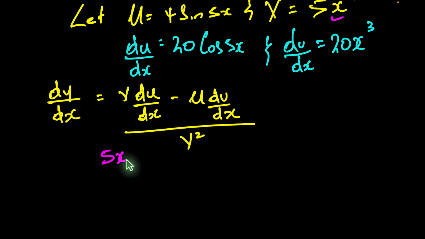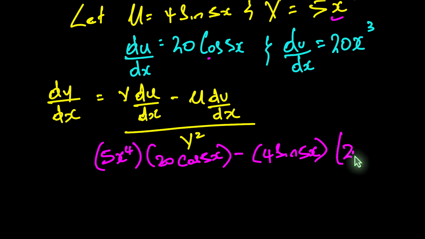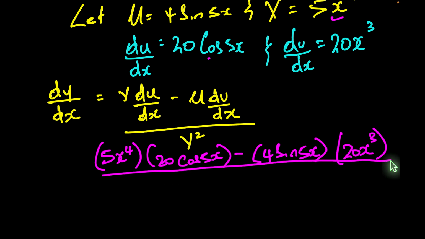Then our du/dx, which was 20 cos 5x, minus our term for u, which was 4 sin 5x, and then times dv/dx, which is 20x to the power of 3, and all of this is going to be divided by v squared.